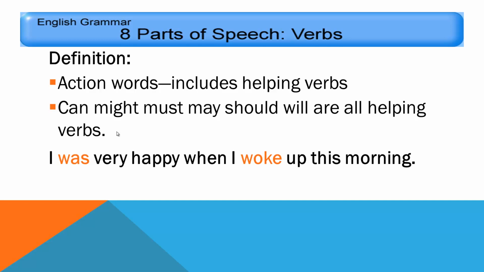And then there's a second part of the sentence, when I woke up this morning, telling you the time frame and the activity that I did at the beginning of the morning, which is to wake. So woke is the verb in the second part of the sentence, but it tells us what time frame the I was very happy part of the sentence happened in.